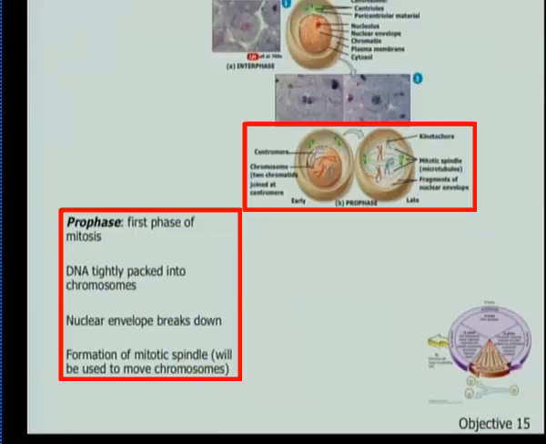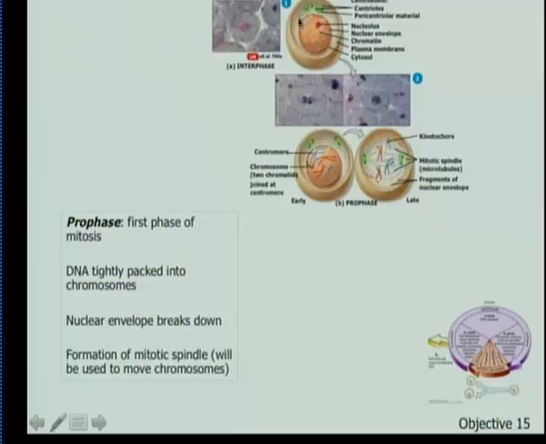Okay, so as we look at our nuclear material, notice up here in interphase, it was just kind of this granular appearance. There really wasn't a whole lot to see. But down here, we have strands of stuff that's actually present there. So up here, it was chromatin. Down here, they're chromosomes.